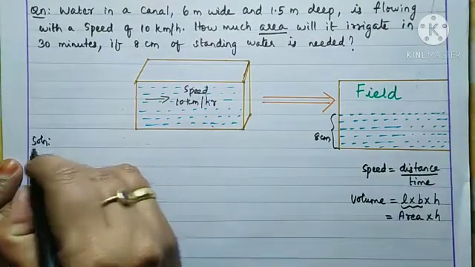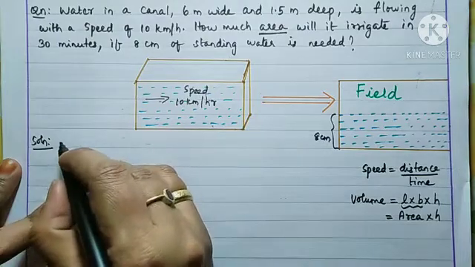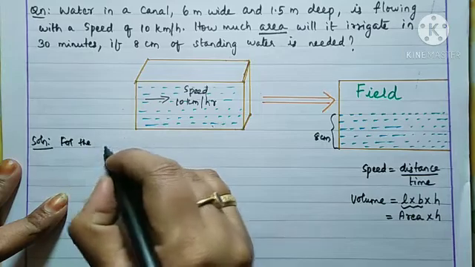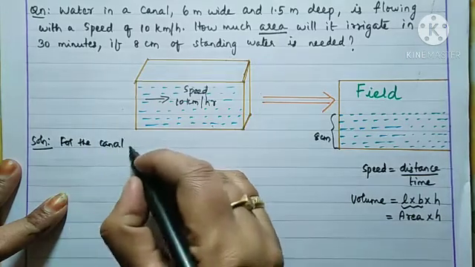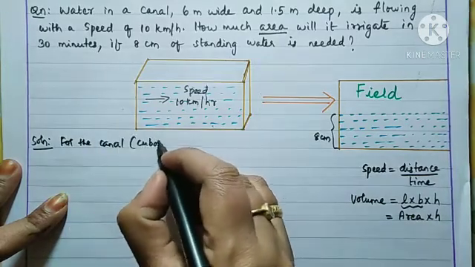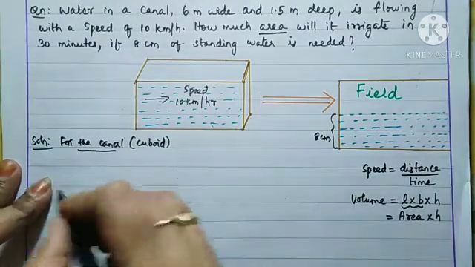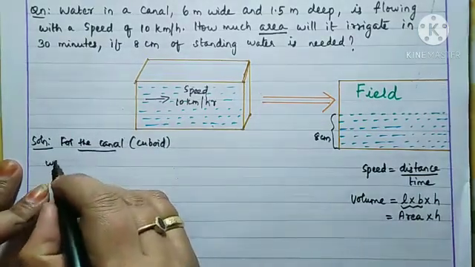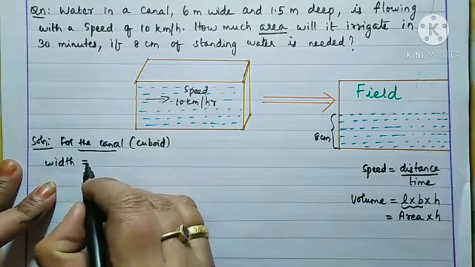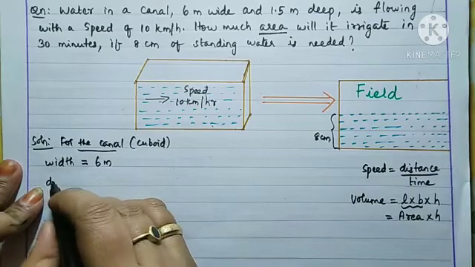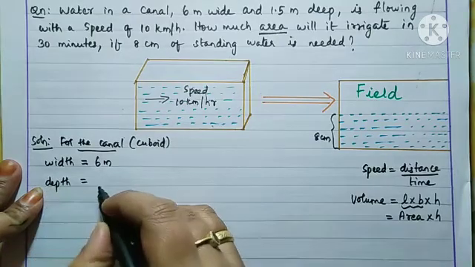Solution. First we can write about the canal. For the canal, what shape are we considering? Cuboid shape. Okay, so what are the things given? First, the width or breadth is 6 meters, and the depth is given.